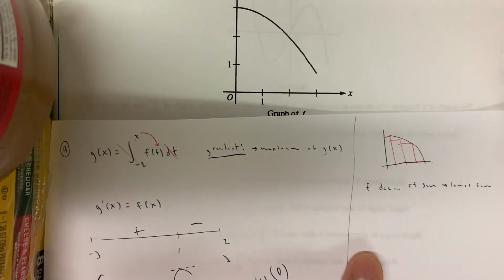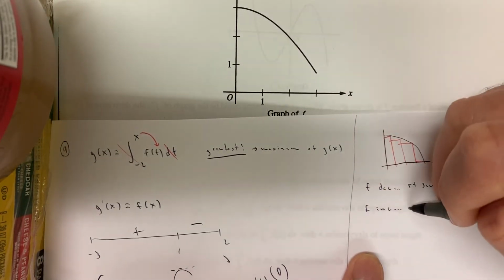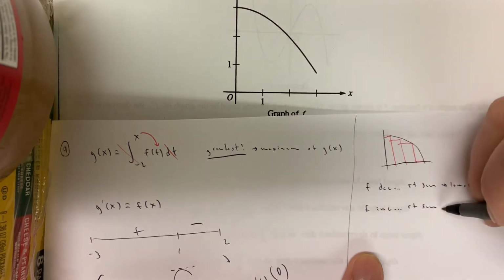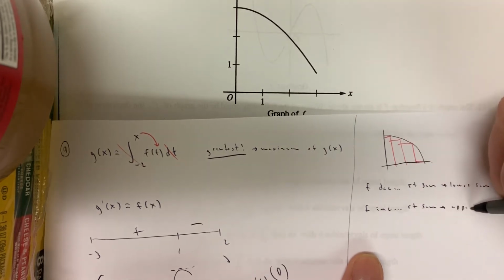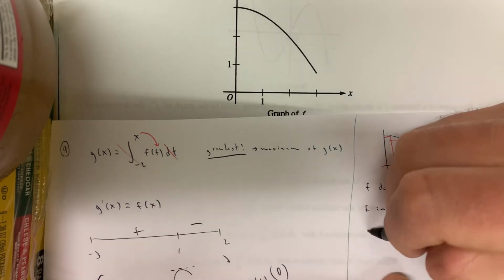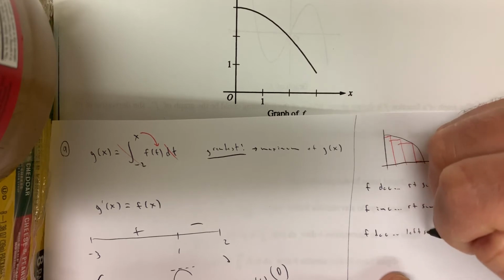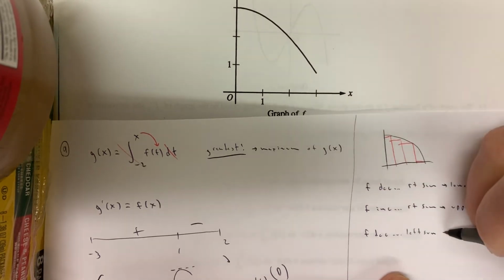And that means that when a function is increasing, the right sum will actually be an upper sum. It'll be an over approximation. Those reverse for a left sum, okay? If a function is decreasing, your left sum will now be an upper sum.